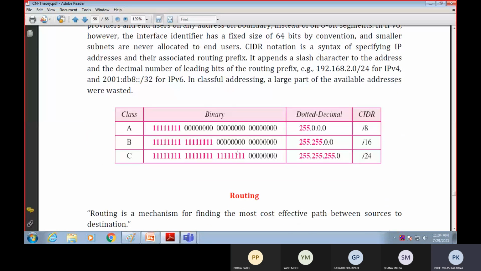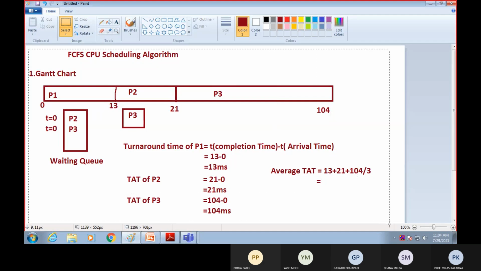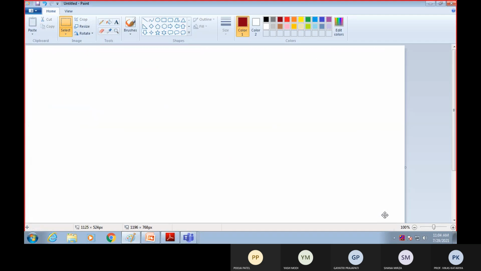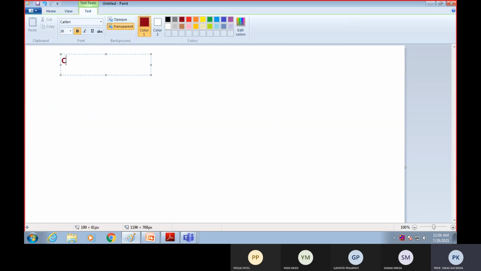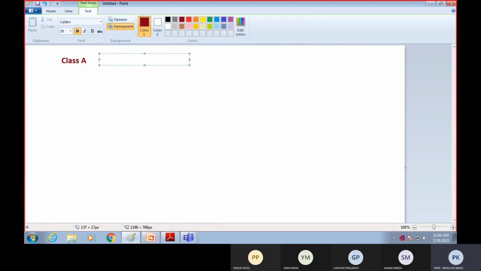Let's understand by the diagram so that you understand what I'm telling you. Suppose this is class A. In class A, there is a prefix and suffix bit.